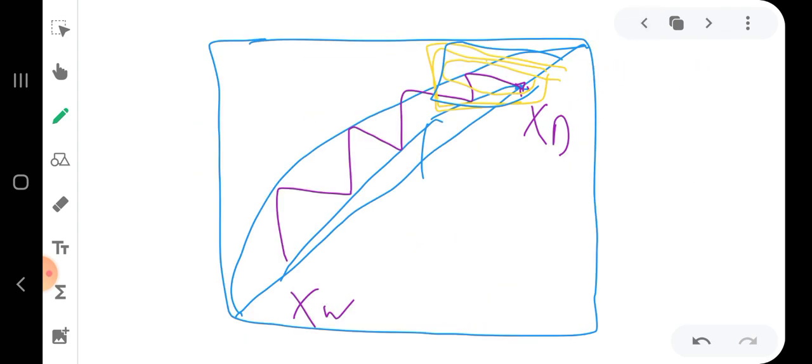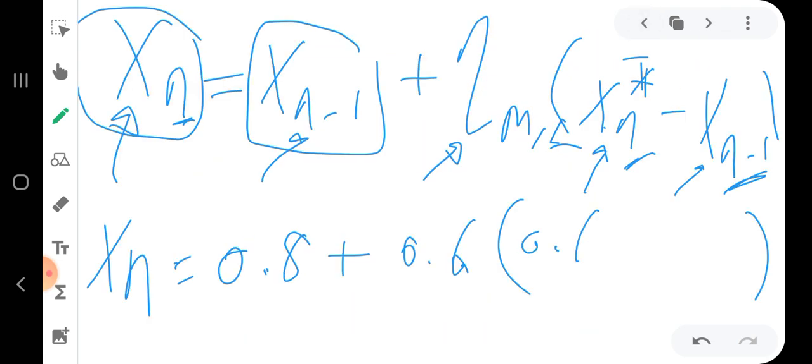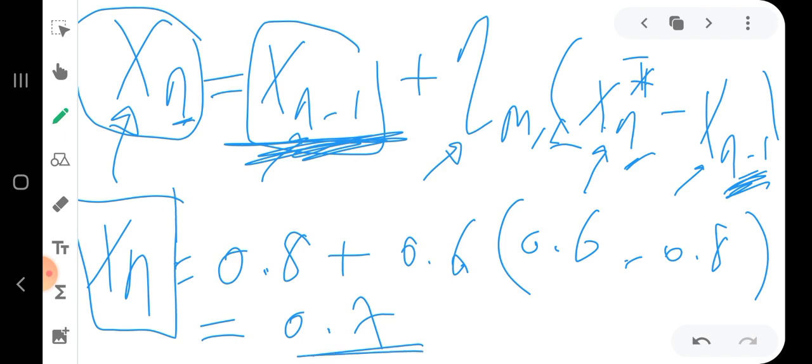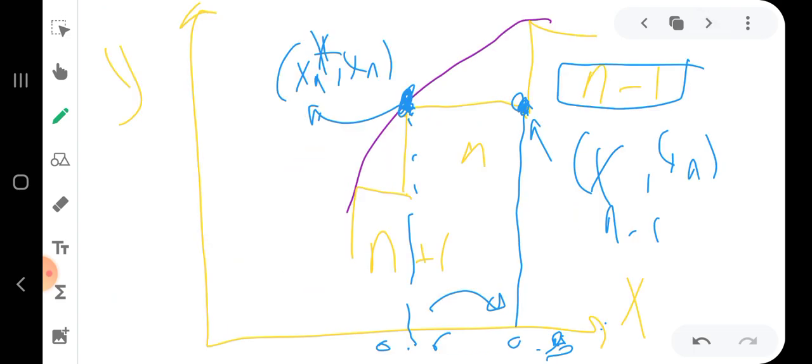So we substitute 0.6 minus xn minus 1, which is again the same as this, 0.8. So you will get a value here, for example 0.7. This is the actual xn value. So instead of this 0.6, you will be here at 0.7.